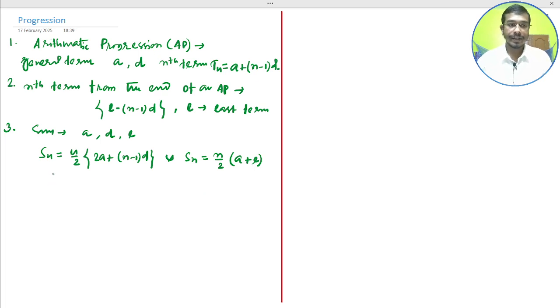So here the nth term would become Tn is equal to Sn minus Sn minus 1. Okay.